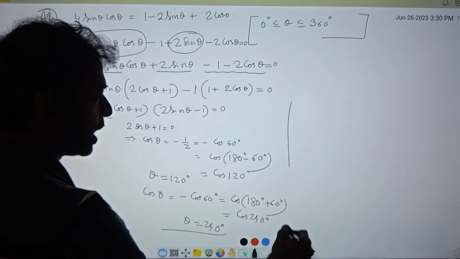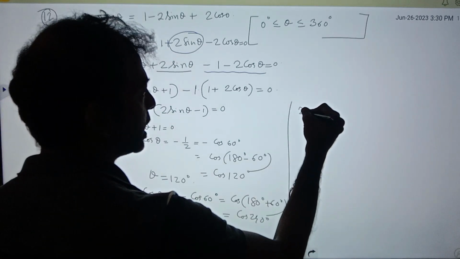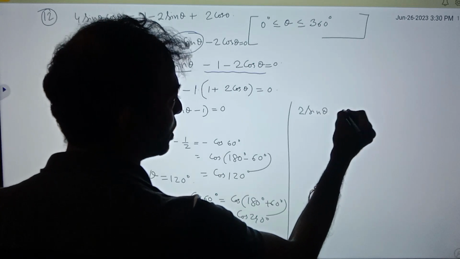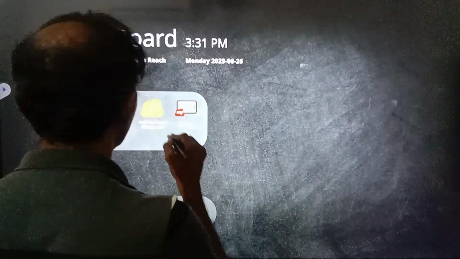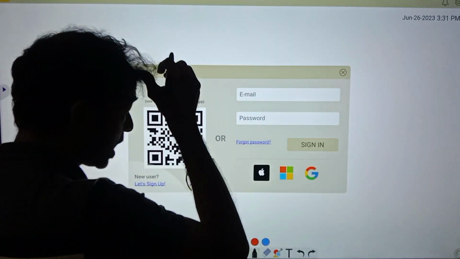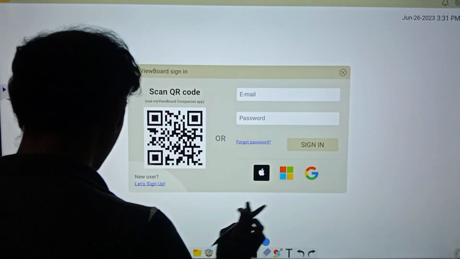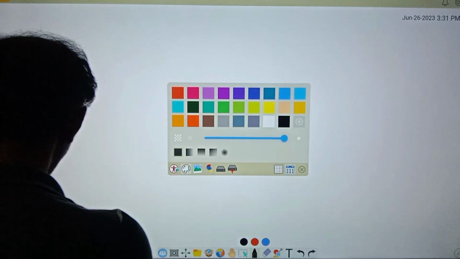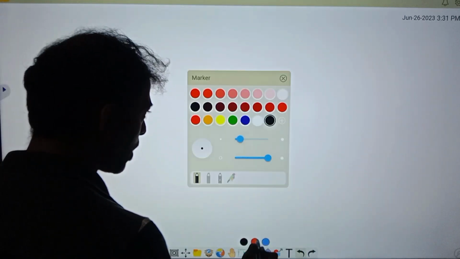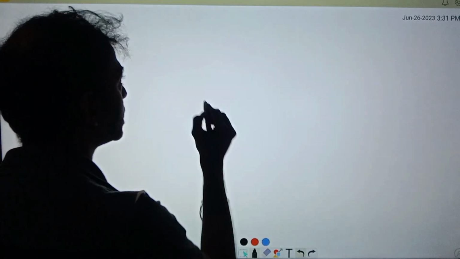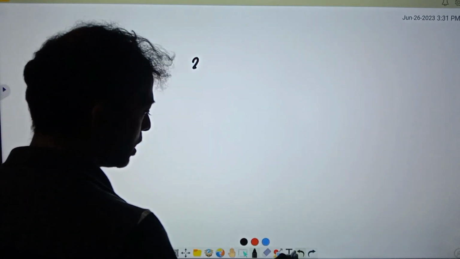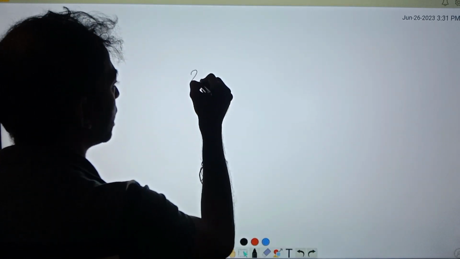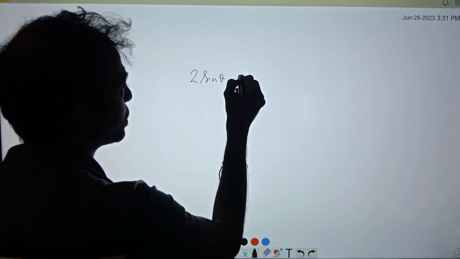And in case of the other factor, 2 sin theta minus 1 equals 0. I'm sorry, just fixing this one. 2 sin theta minus 1 equals 0.